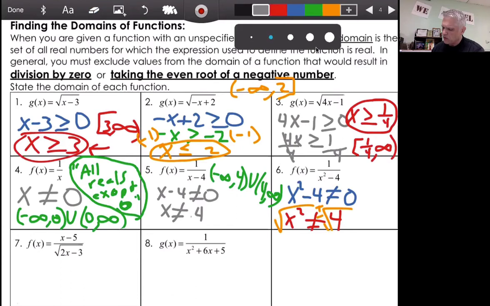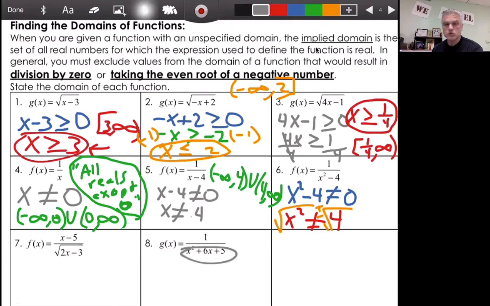All right, so there's no square root on this one, which is kind of cool, but there is a denominator. So we know that this denominator, x squared plus 6x plus 5, cannot equal 0, right? Denominator can't equal 0.